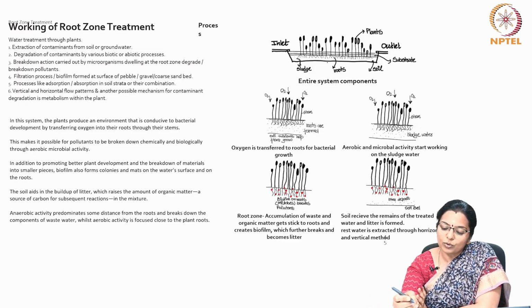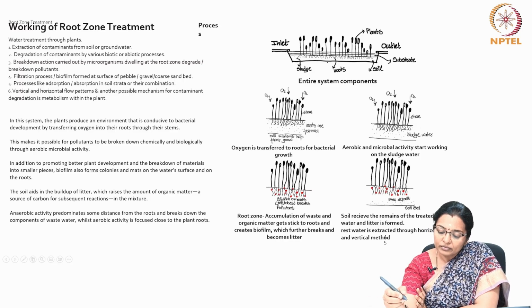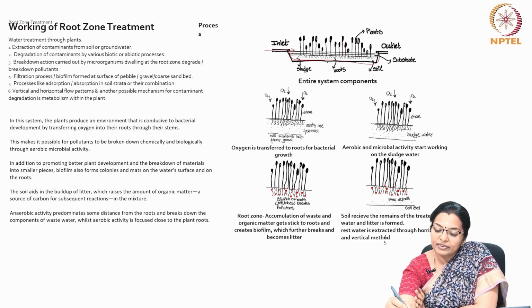So, in this you can see that the entire system works by having an inlet of the contaminant or the sewage into a pond. There are specific plants. We will look at what they are in detail in the forthcoming slides.